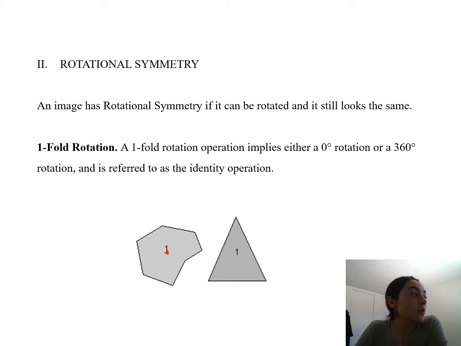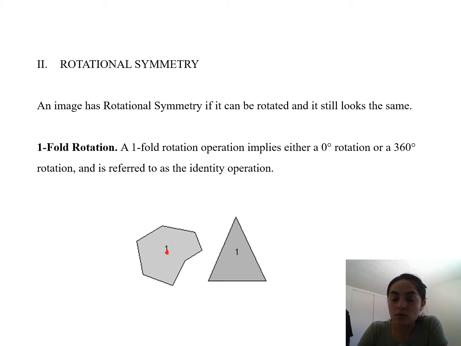This type of rotational symmetry is known as one-fold rotation. It basically implies that you either don't rotate or have to rotate 360 degrees in order to get the exact same image. And the same goes with this isosceles triangle here, where if we rotate about its center of rotation, we would have to rotate it 360 degrees in order to get the exact same image.